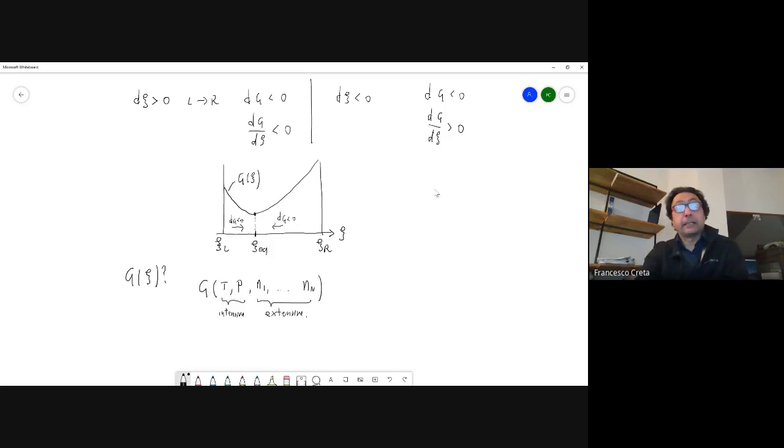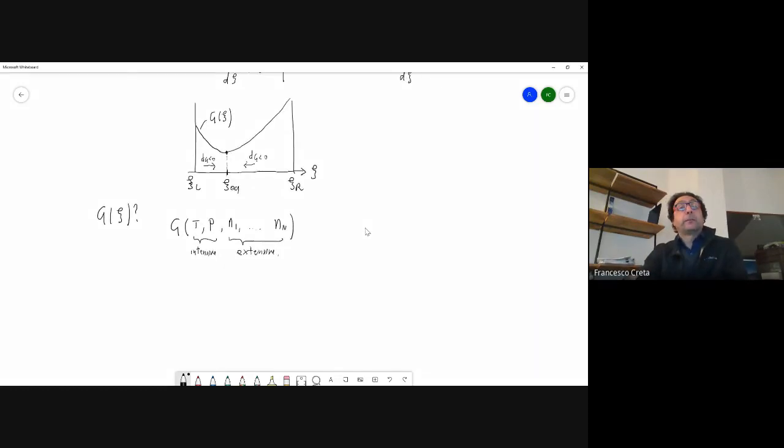Now, remember that for any first order homogeneous function, you could multiply the extensive quantities by a factor.